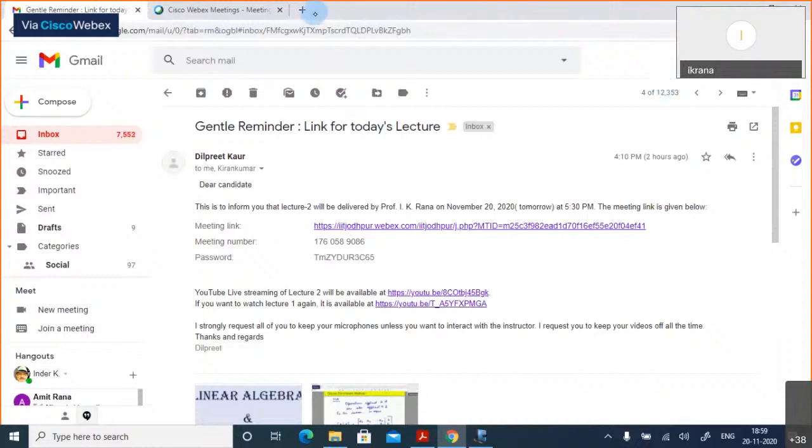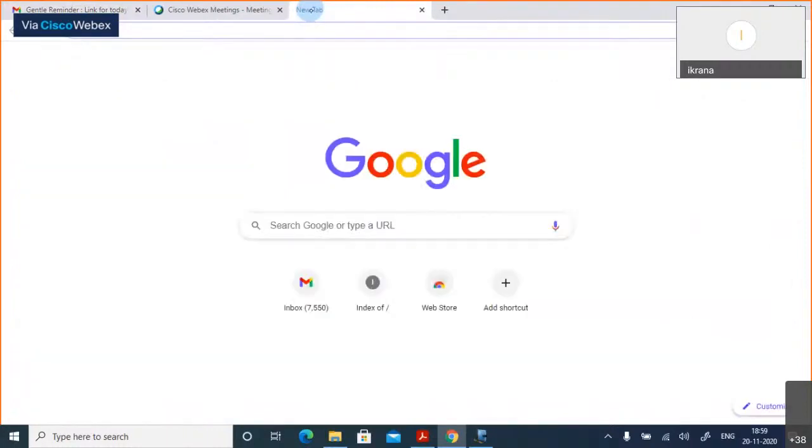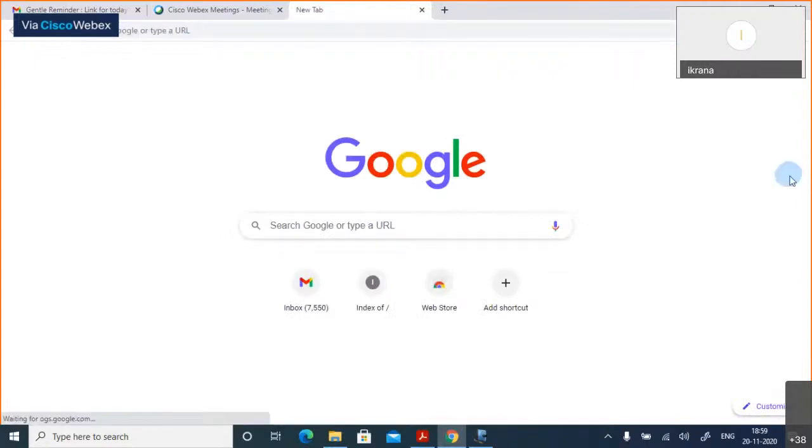Okay, let me change my orientation from tablet to laptop. Is my screen still visible?